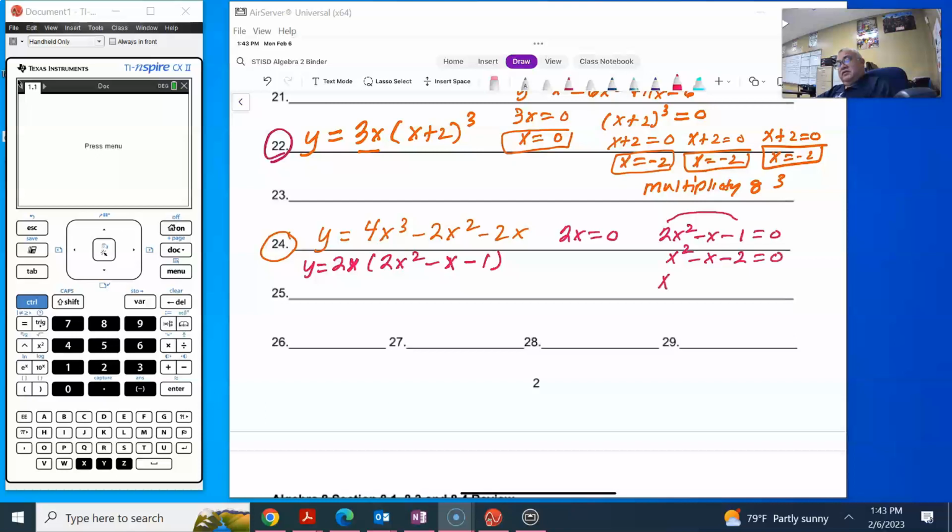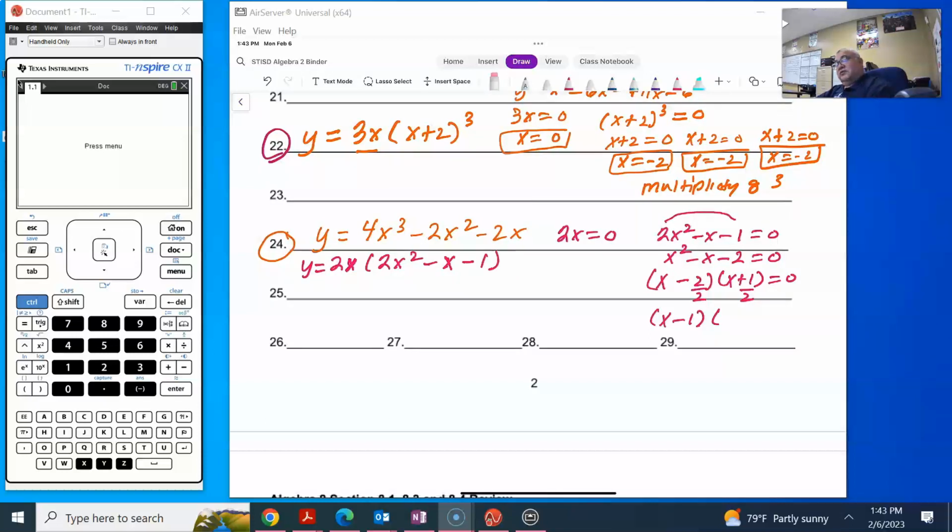So you have x minus 2, x plus 1 equals 0, divided by 2. So you have x minus 1, x, you bring up the 2, I'm sorry. So you have 2x plus 1 equals 0.